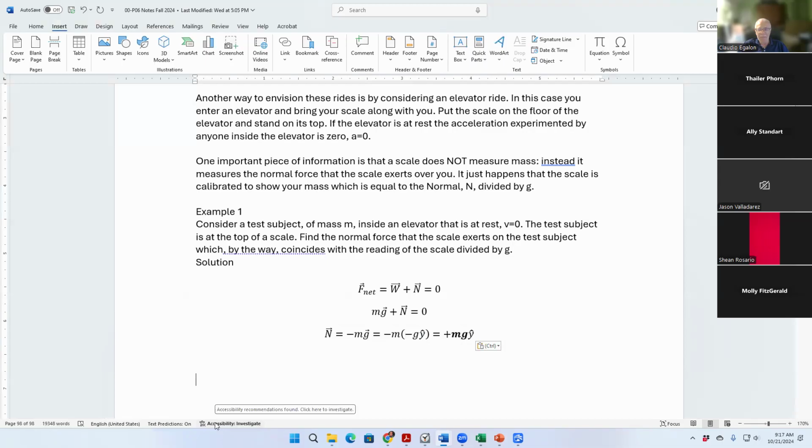And here is the value of our normal: this vector mg upwards.